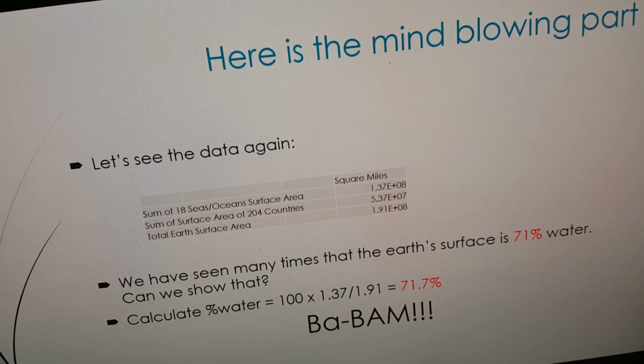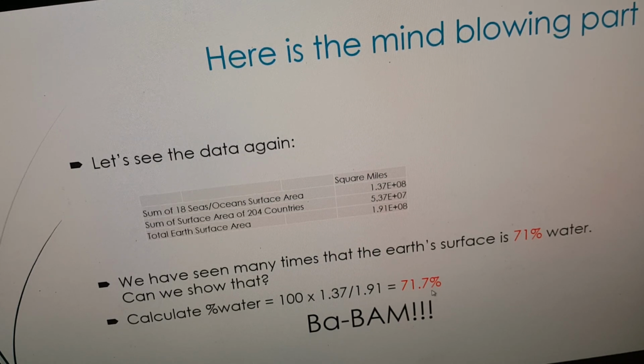So I thought, can I calculate that number? So I calculated percent water, 100 times the amount of water, 137, divided by the total, 191, and I get 71.7%. And you can see those two numbers are virtually identical.